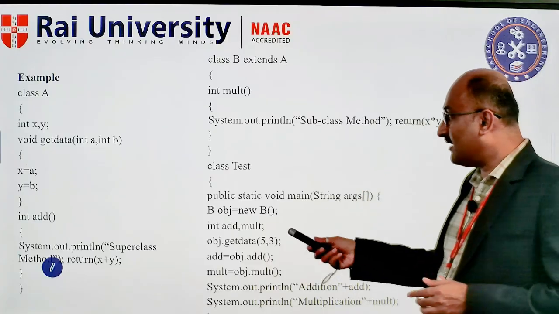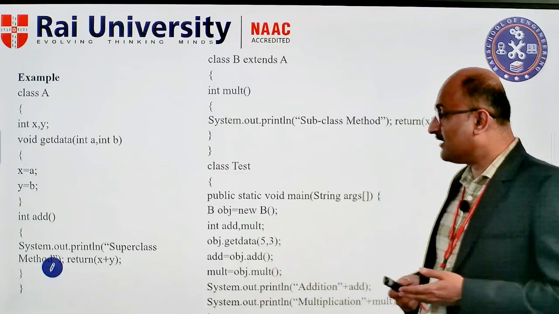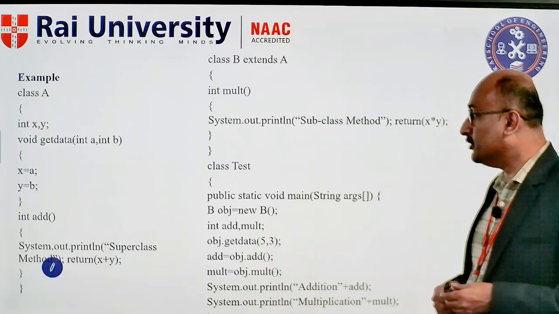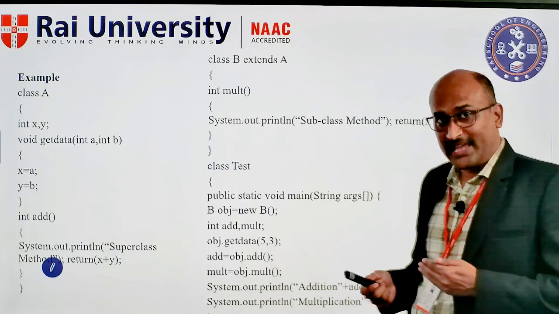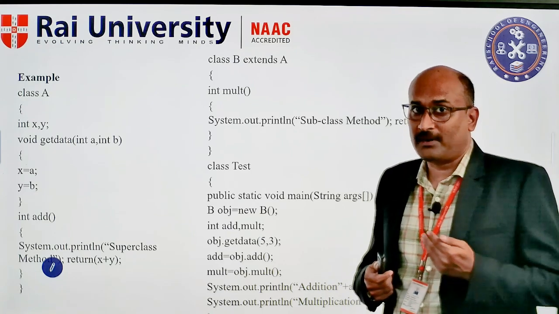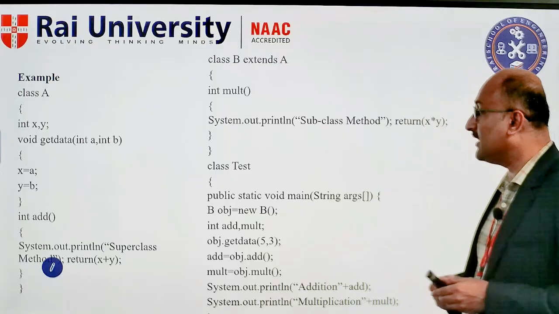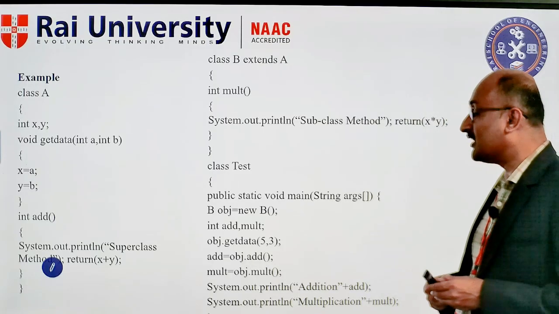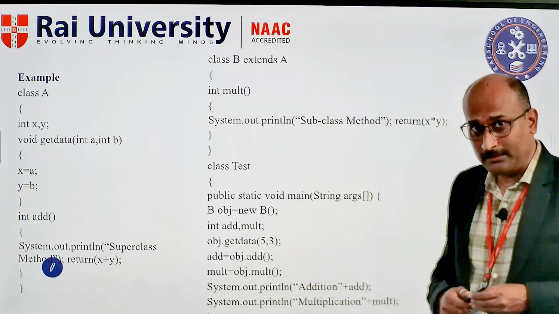In that main class I am going to declare the object. The object I have declared for the child class, named B object is equal to new B, and then after I am going to access the member function of class A and the member function of class B using the object of B, right? So you can see in the program, add is equal to object dot add and multiplication is equal to object dot multiplication.